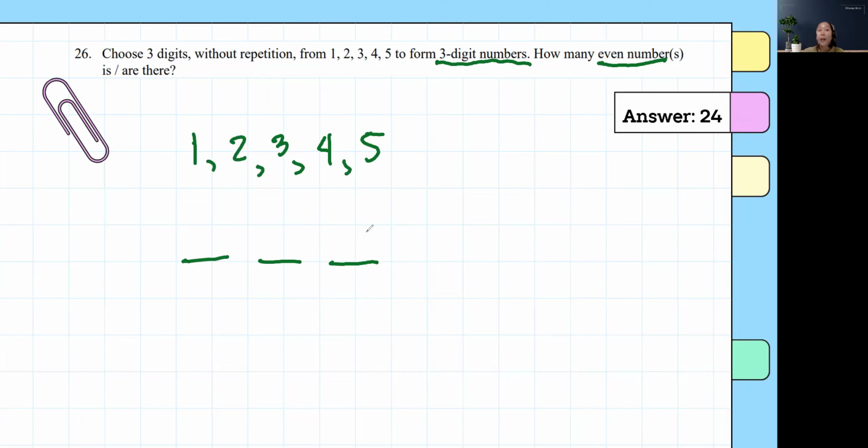Since it's indicated that it's an even number, we can only use even numbers in the ones digit or the units digit. And the only even numbers we can use are 2 and 4. So we prioritize our condition. So that's two numbers that can be placed here. We can only use one number at a time. If one number has already occupied this units digit, we can still place the other four numbers here.